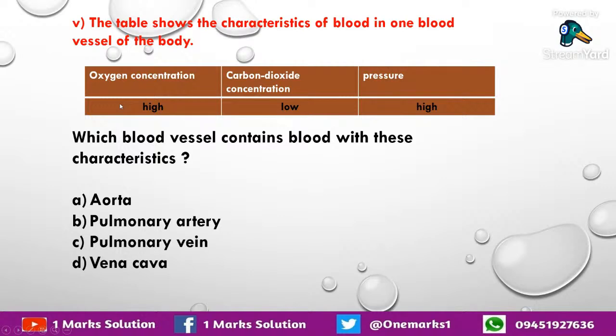Yes, it will have high oxygen concentration and low carbon dioxide concentration, but the pressure is not high in the pulmonary vein. Vena cava brings deoxygenated blood from all the tissues to the heart. So it's going to have deoxygenated blood. So oxygen concentration is not going to be high. So all the three are ruled out. The right answer is aorta.